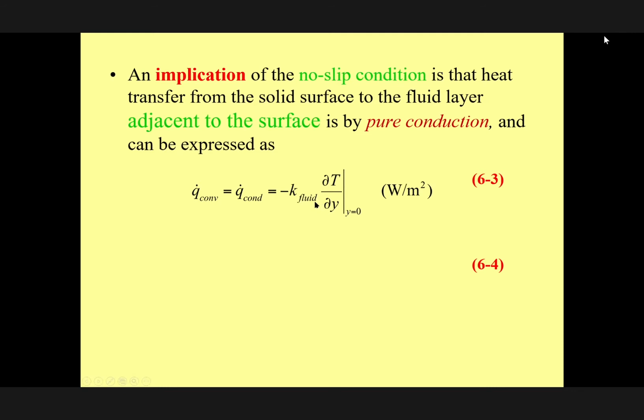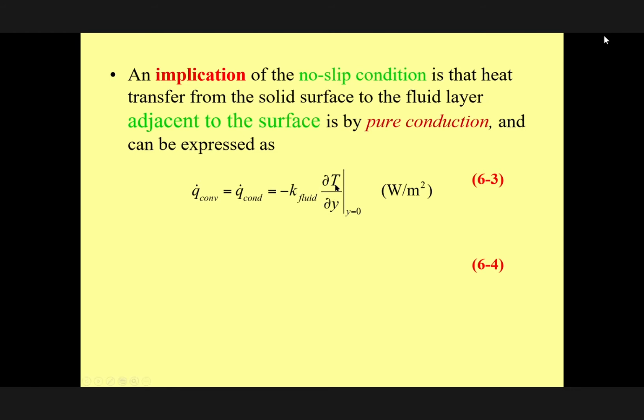We assume k is constant because this is the equation we can use here; since k is constant, we took it out. Otherwise, the form of the equation will be different. Therefore, we can write the convective heat transfer as h times Ts minus T infinity, the temperature of the surface minus the temperature of the bulk, is equal to conduction through the boundary layer.